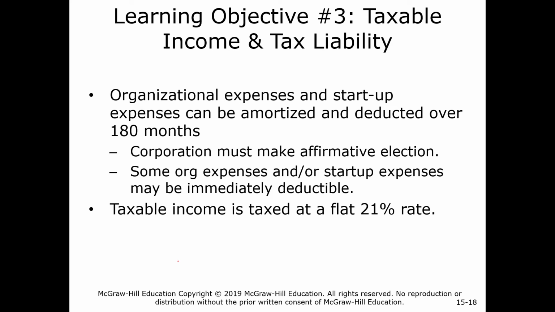These will be amortized over 15 years. Now there is an election that allows them to speed up some of those expenses if they meet certain thresholds.